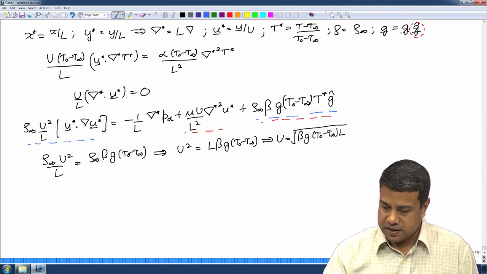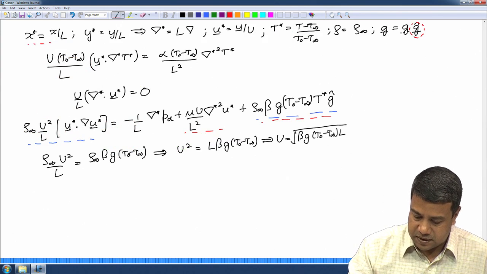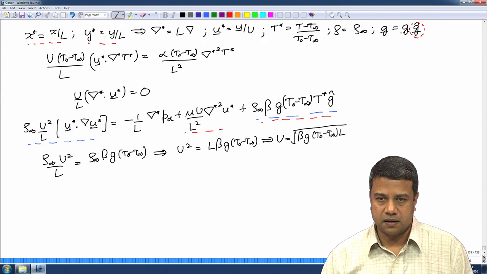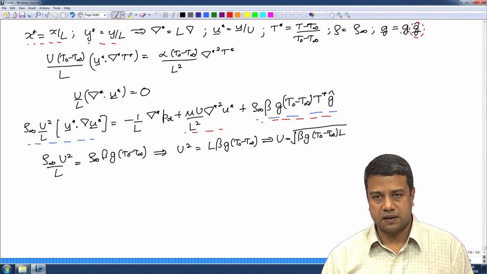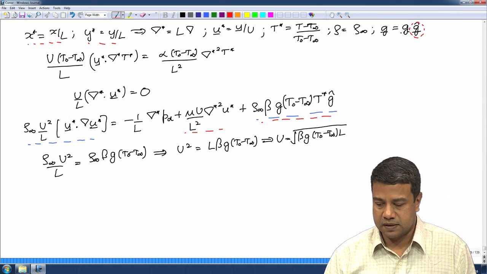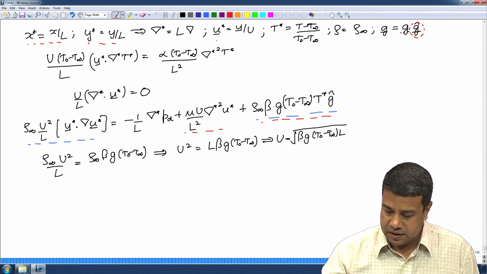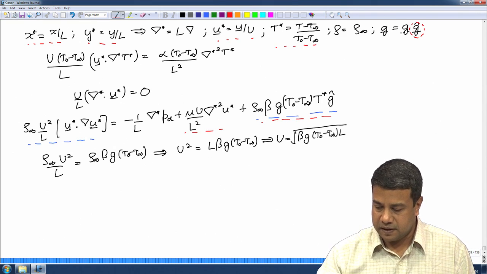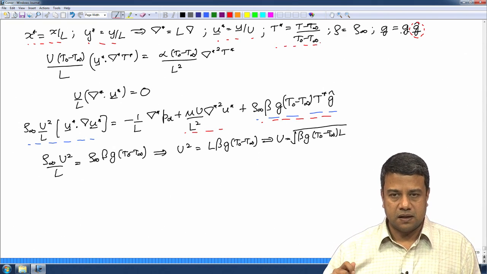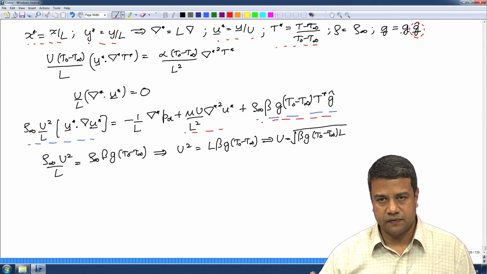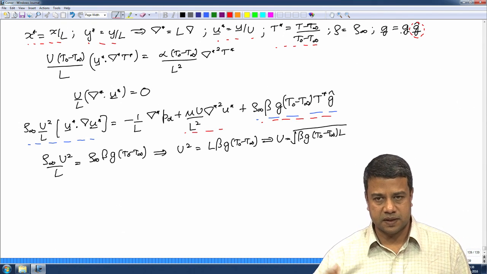We were trying to find out what is the magnitude of the velocity in that case. We had scaled all the positions, the coordinates, by the characteristic length of the object, the length of the flat plate or the diameter of the pipe or some other characteristic distance. Velocity, we did not yet have a scale. The temperature we had defined as the change in temperature between the local position and T infinity divided by the temperature difference between the object and the ambient.